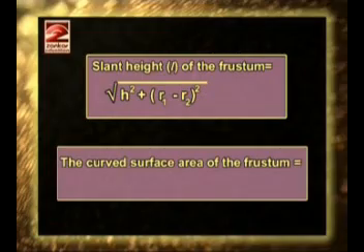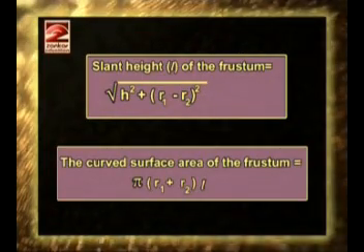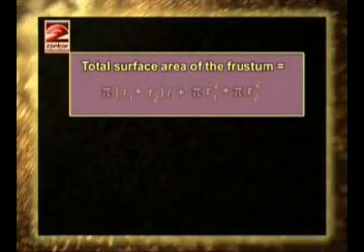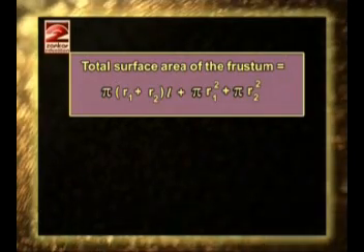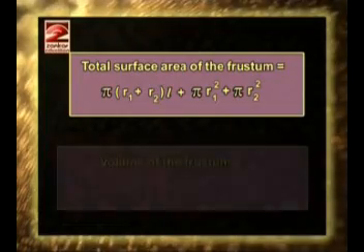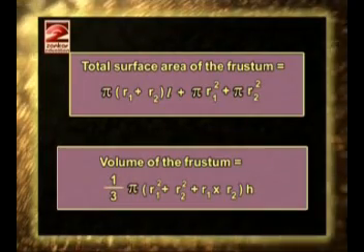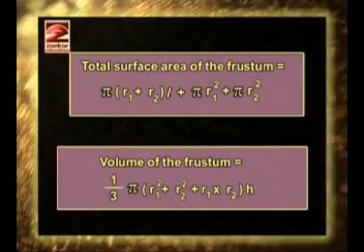The curved surface area of the frustum is equal to pi into bracket R1 plus R2 into L. Then total surface area means pi into bracket R1 plus R2 into L plus pi R1 square plus pi R2 square, and volume is equal to 1 upon 3 pi into bracket R1 square plus R2 square plus R1 into R2 bracket complete into H.